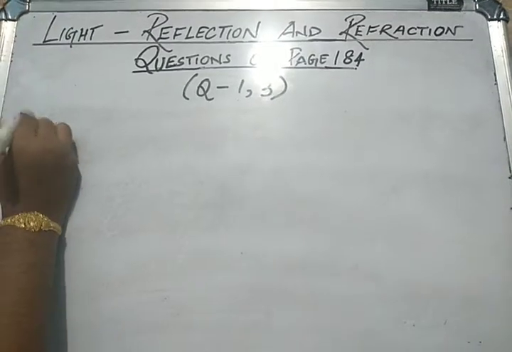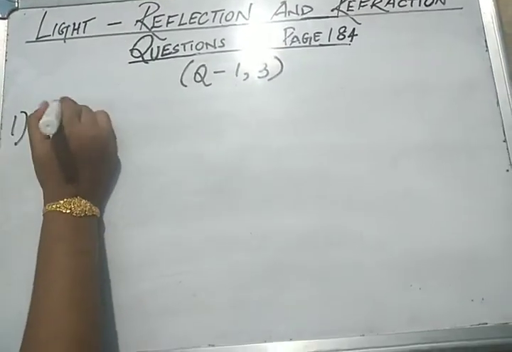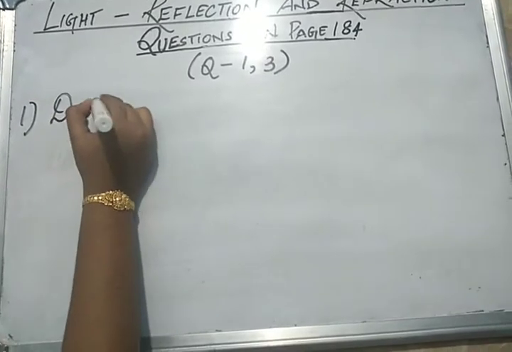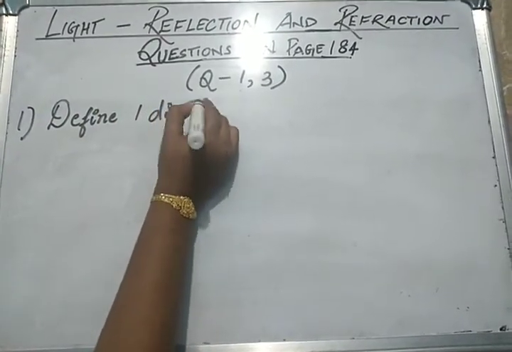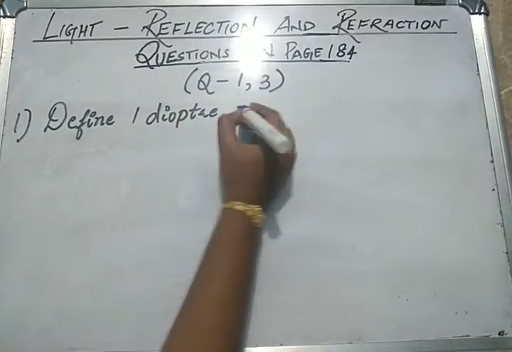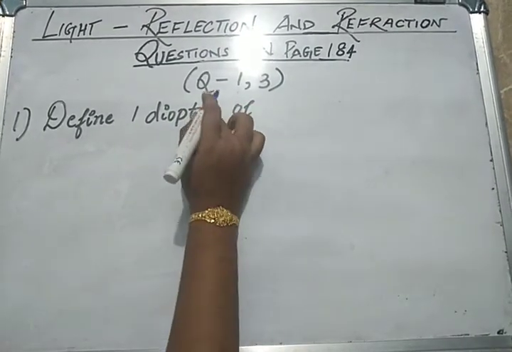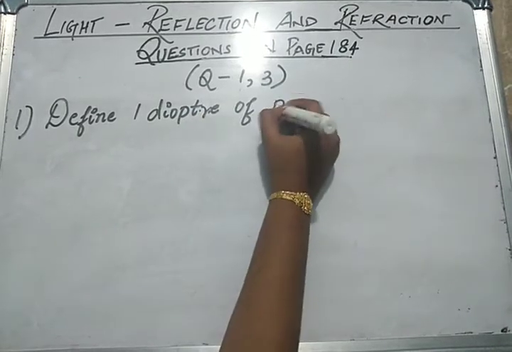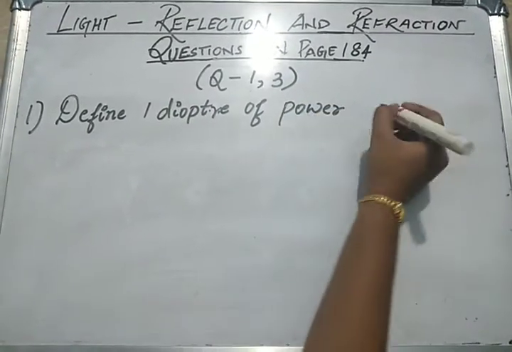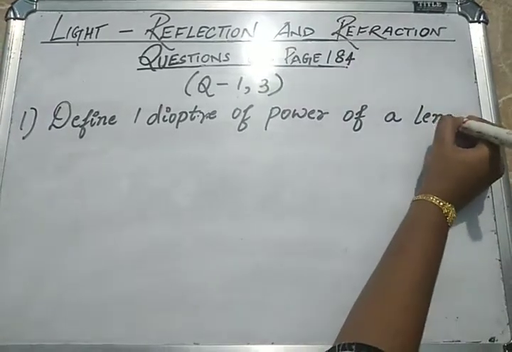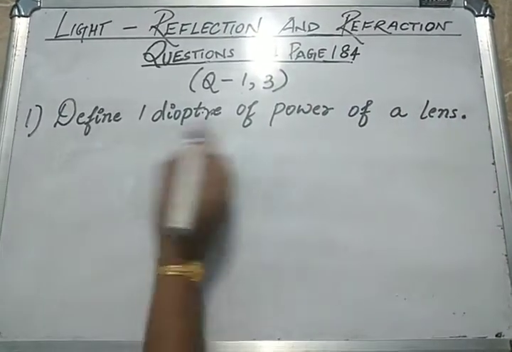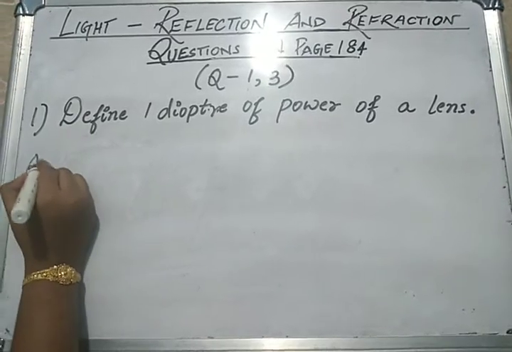The first question is, define one diopter of power of a lens. So you have to give the definition of what is one diopter power of a lens, okay?